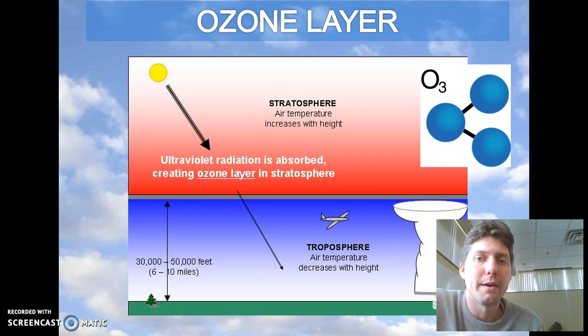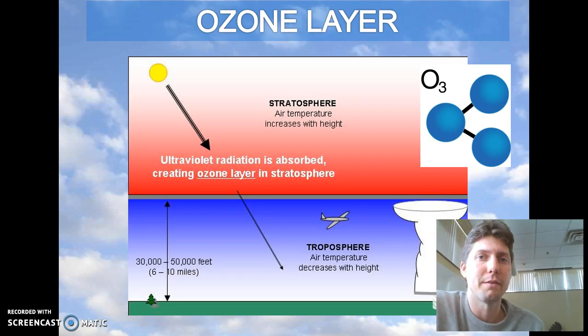The ozone layer is a thin layer of gas that is in the second upper layer of the atmosphere that is very helpful to us because it absorbs a lot of the ultraviolet light and radiation from the sun that could end up causing harm to us, whether it's skin cancer or increased temperatures on Earth. So the ozone layer is very important.